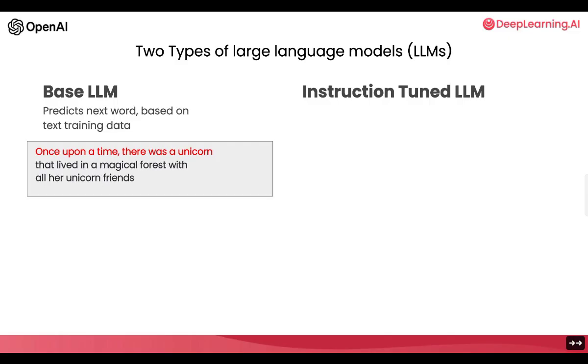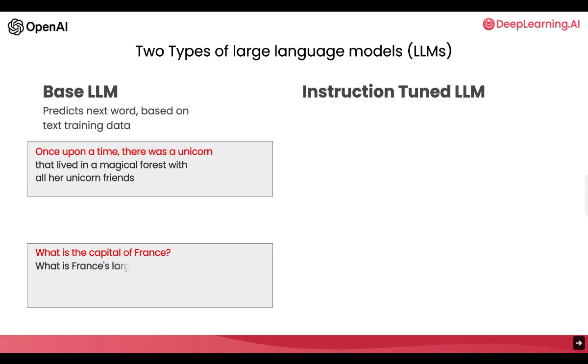But if you were to prompt it with what is the capital of France, then based on what articles on the internet might have, it's quite possible that the base LLM will complete this with what is France's largest city, what is France's population, and so on, because articles on the internet could quite plausibly be lists of quiz questions about the country of France.